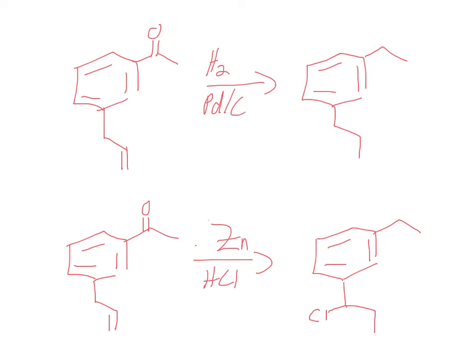OH minus could do substitutions and eliminations, but it also helps reduce this. Tricky. Zinc and HCl reduce benzylic carbonyls, but you guys should also remember that HCl also reacts with alkenes and alkynes. Remembering back to the alkene reaction, wouldn't it add the chlorine trans to the hydrogen?